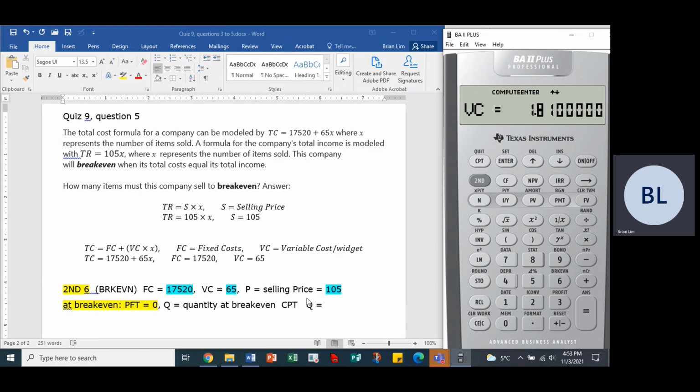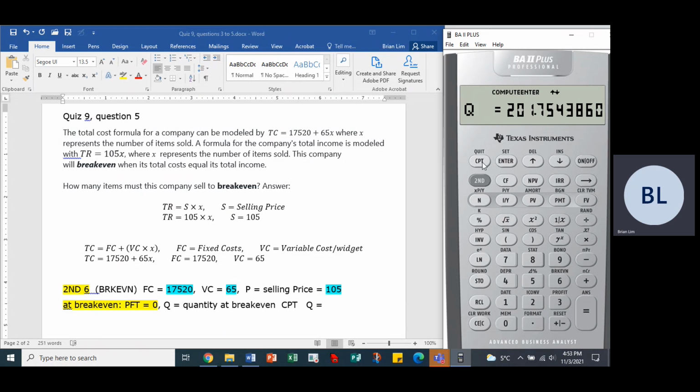The next one is the variable cost, which is this 65 right here, enter. The P is the selling price, which is 105, enter. The profit is 0 because it's break even.